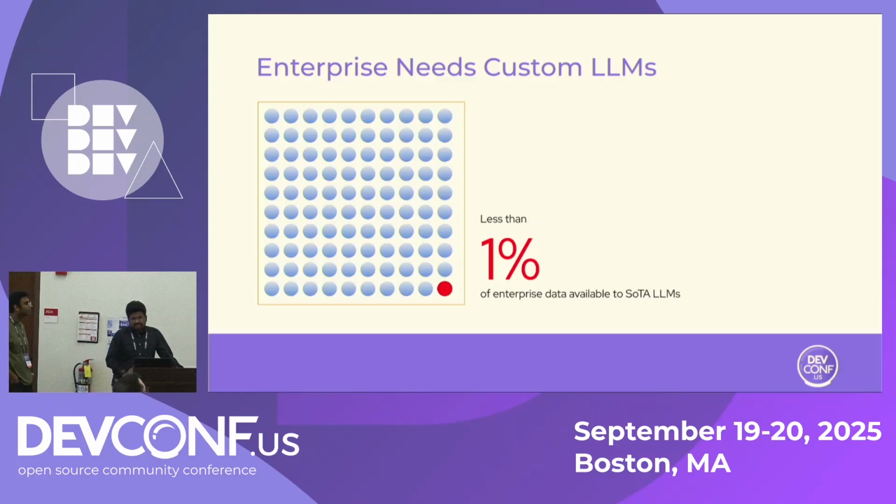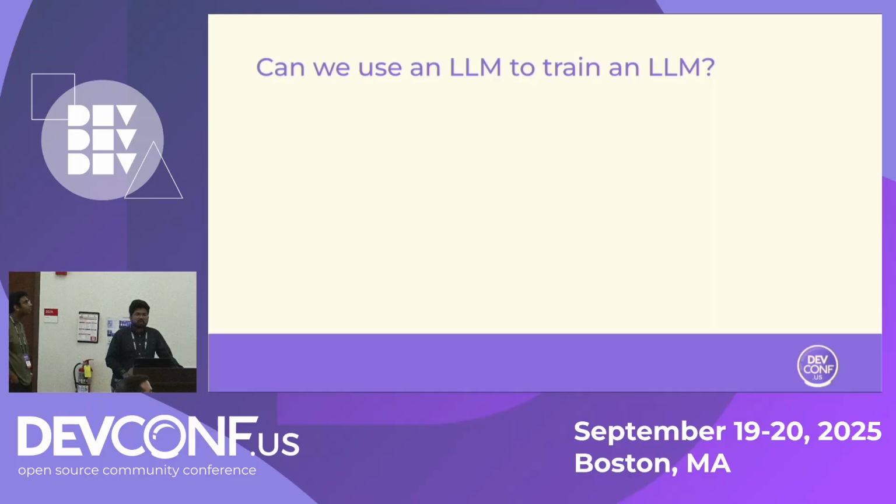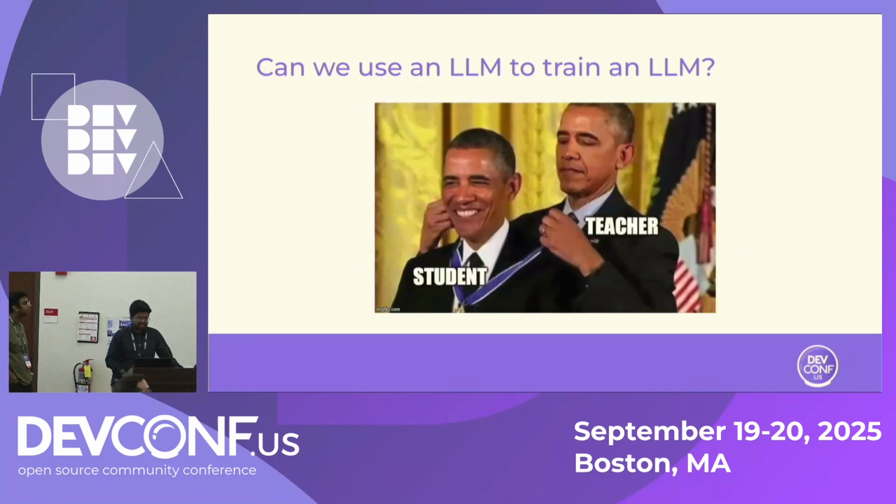So these are the two problems we are trying to approach with synthetic data. Back then, researchers thought, okay, to solve this problem, can we just use LLMs to train LLMs? We use a language model as a teacher to generate data and train another language model, which will be the student.